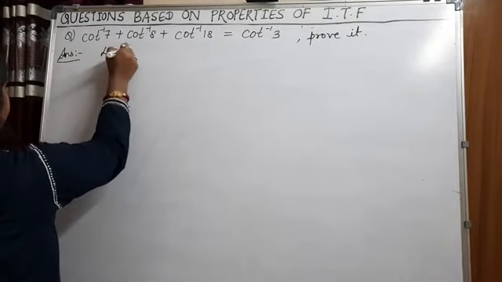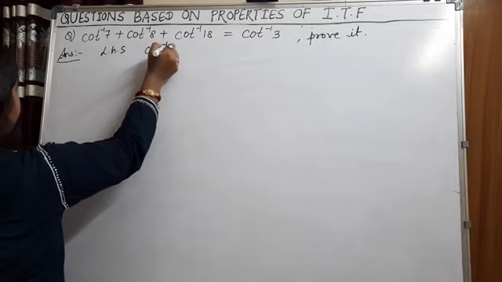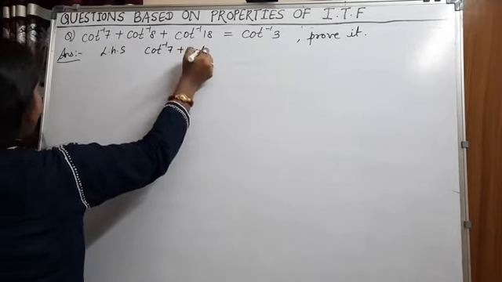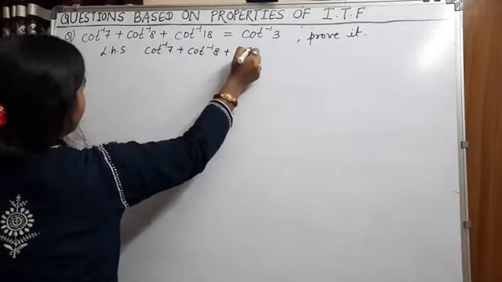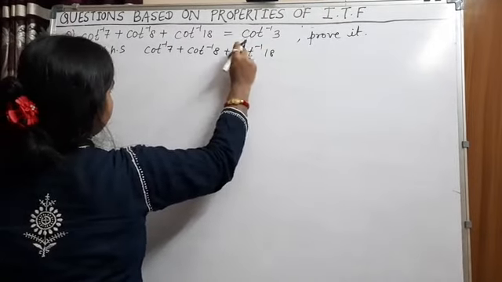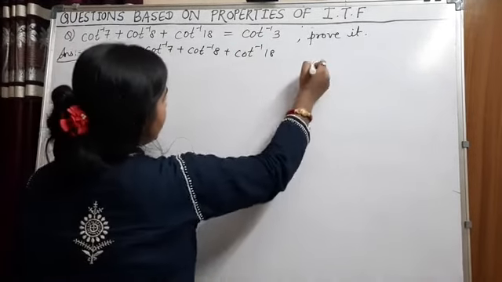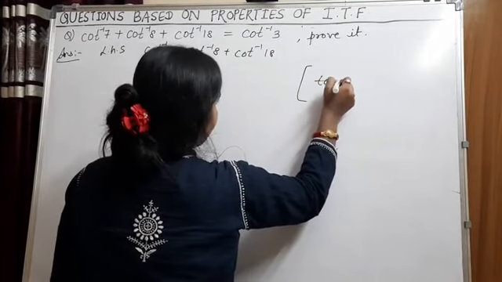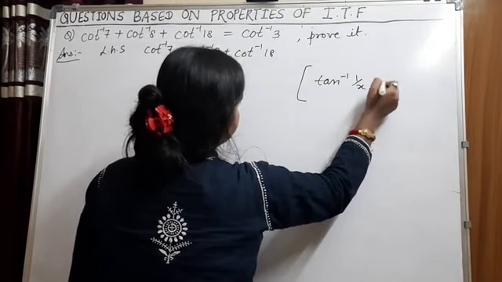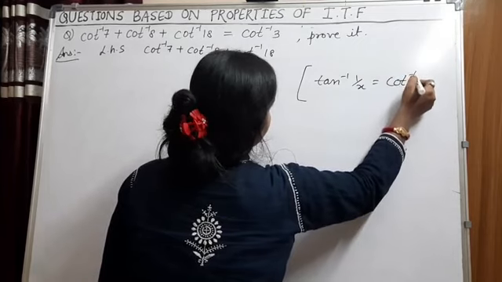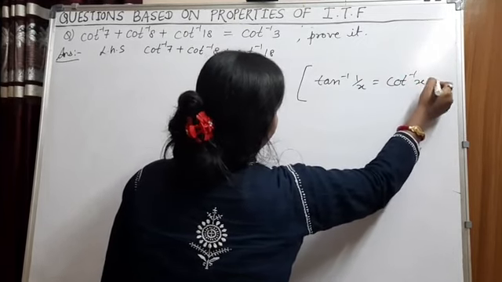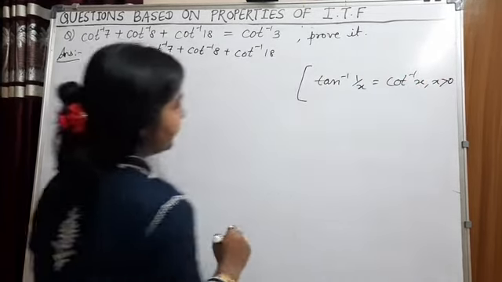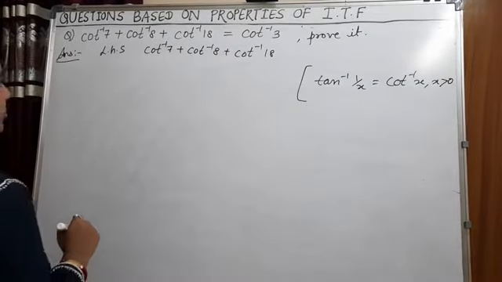On the left hand side we take cot inverse 7 plus cot inverse 8 plus cot inverse 18. Then we will use the property tan inverse 1 by x is equal to cot inverse x, where x is greater than 0. So this property I am going to use.